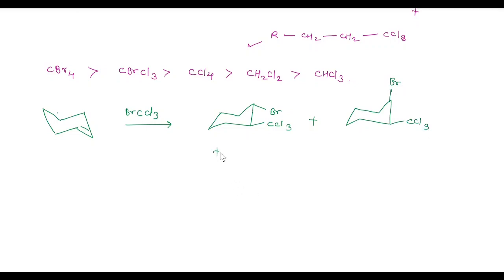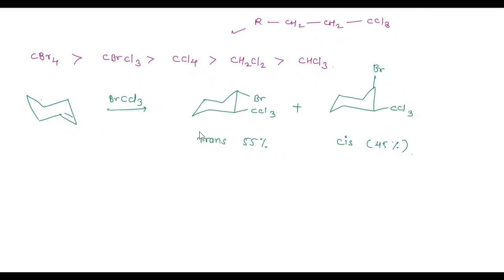The trans product is in 55% yield and the cis product is in 45% yield. This result indicates that the initially added trichloromethyl group has little influence on the stereochemistry of the subsequent bromine atom abstraction.